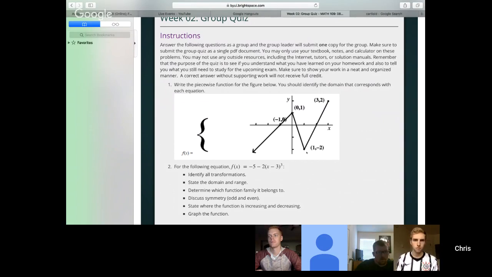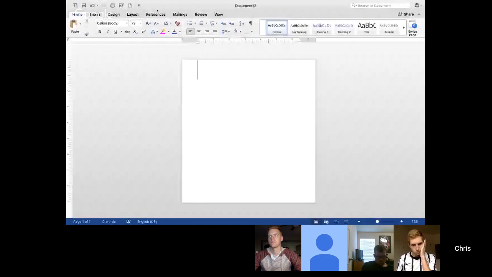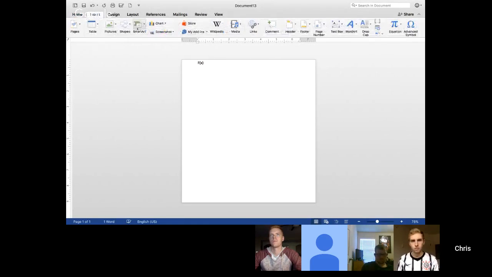Number 1, write the piecewise function for the following figure below. You should identify the domain that corresponds with each equation. Okay, let me format that. F of x, and then insert.